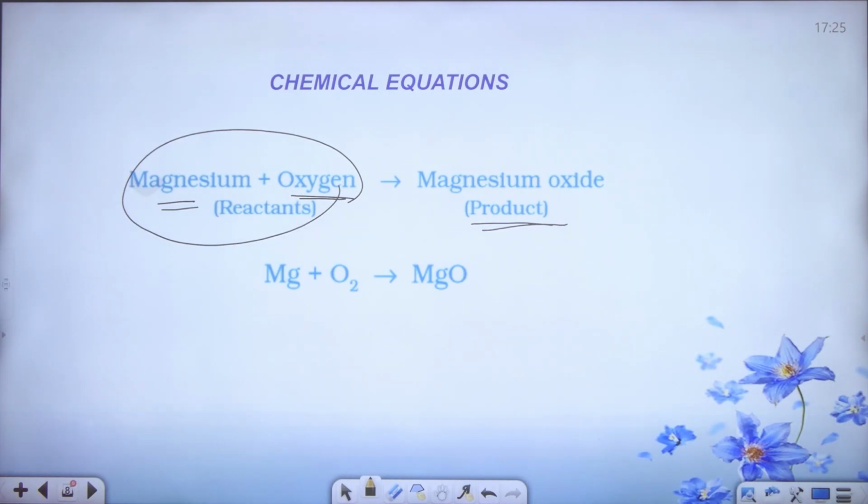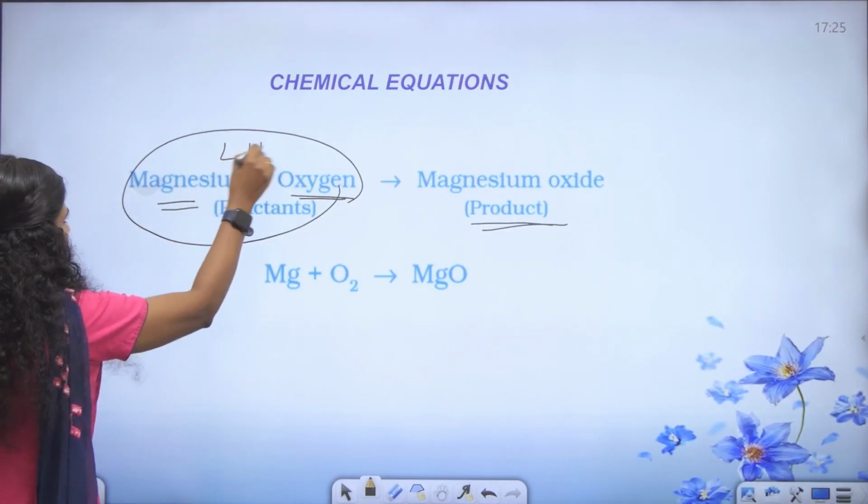When a chemical reaction takes place, a new substance is formed. The new substance is the product. And the reacting molecules are reactants. Here magnesium and oxygen are the reactants. The reactants are written on the left hand side, LHS.